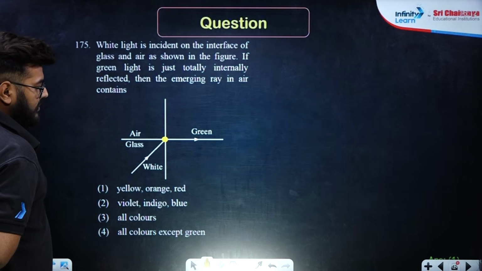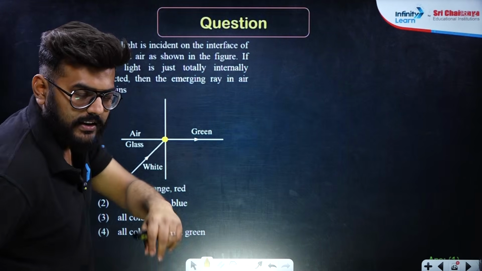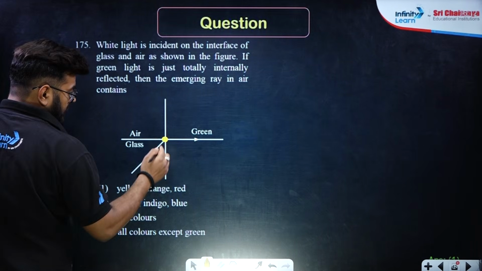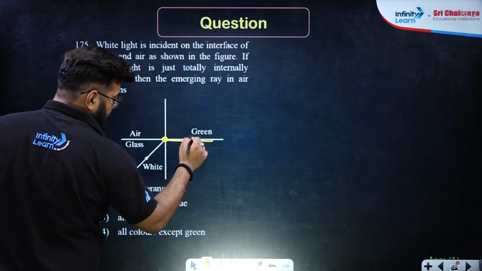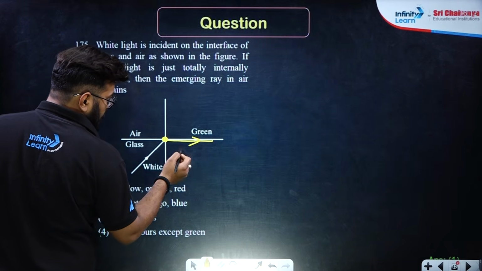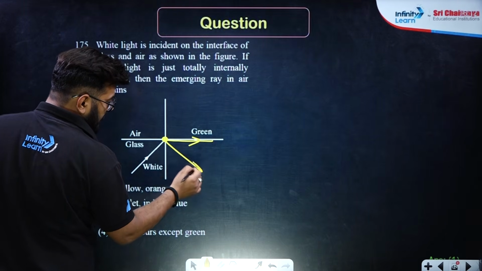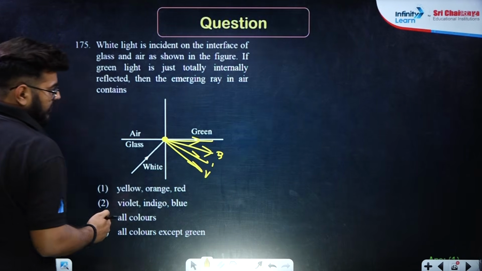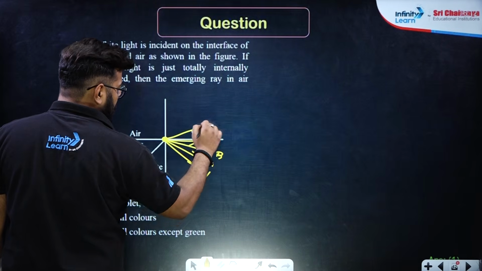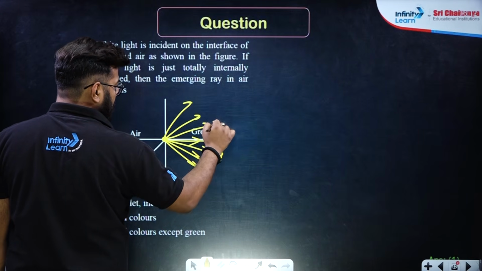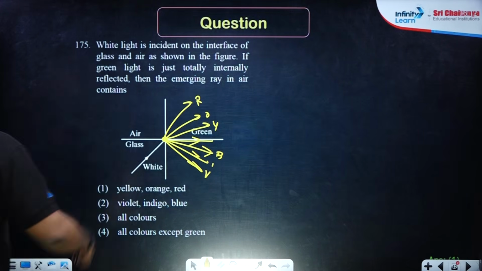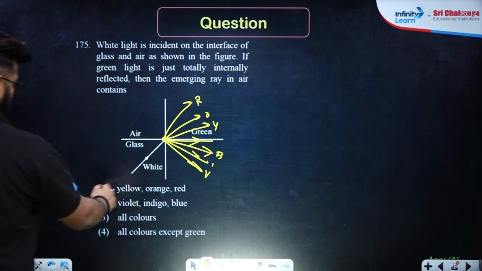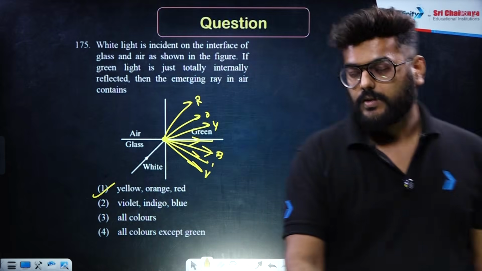And all the wavelengths which are having lesser wavelength will be able to perform TIR. So if green is like this, that means violet, indigo, blue will be able to do TIR, and yellow, orange, red will be the emerging rays, right? So option number 1 is the correct answer over here.